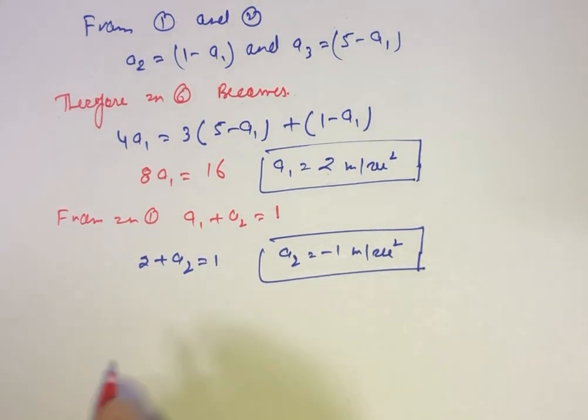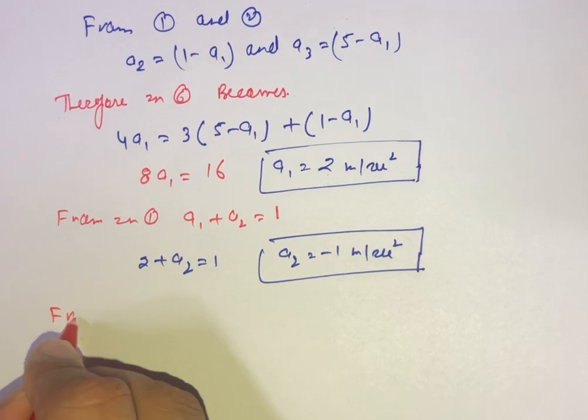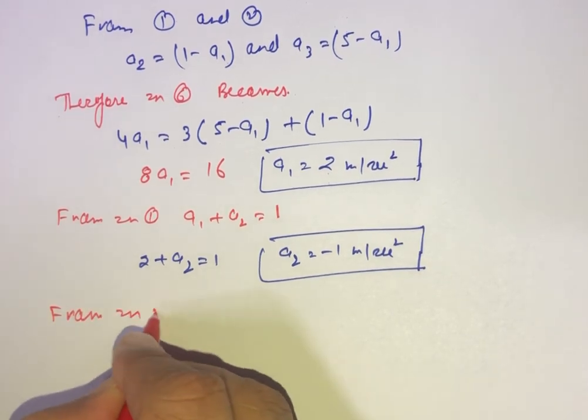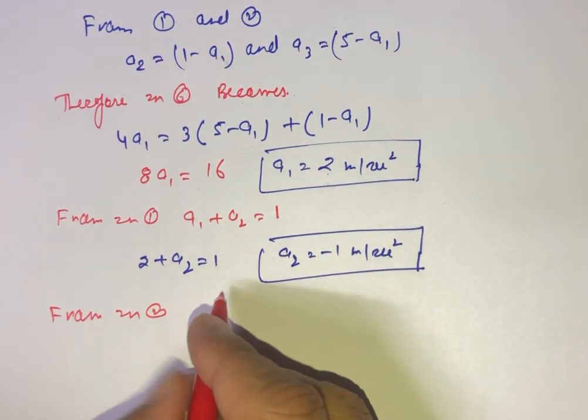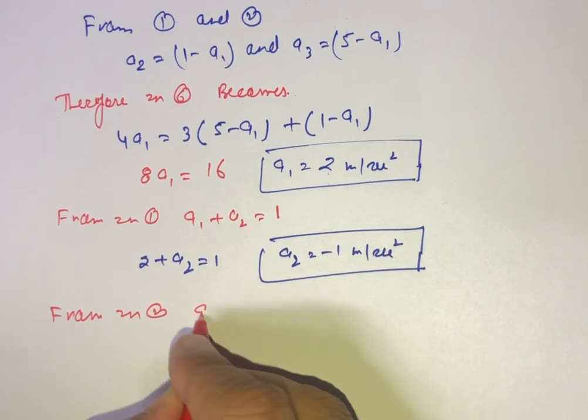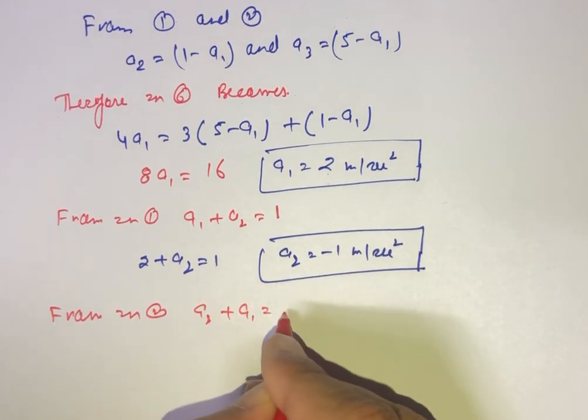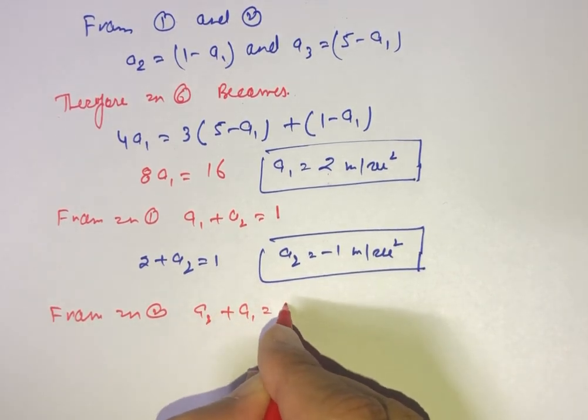So from equation 2, we can write a3 plus a1 is equal to 5.